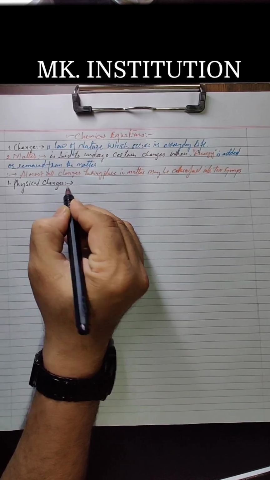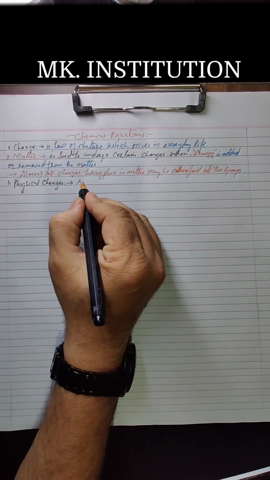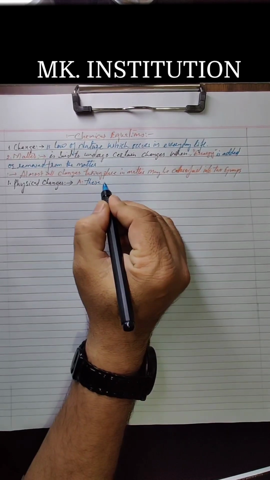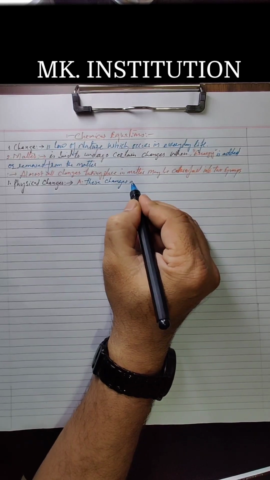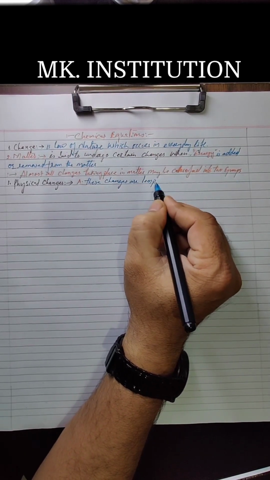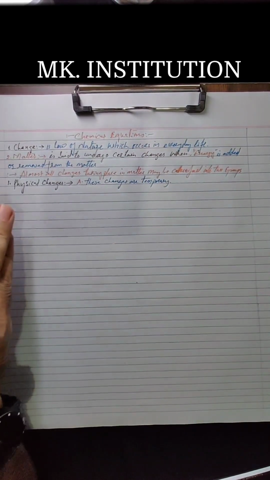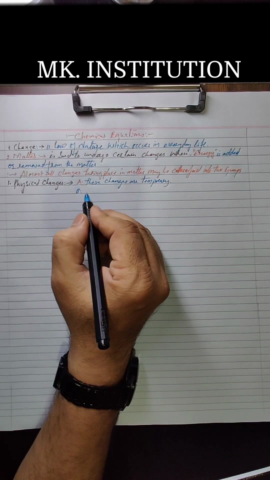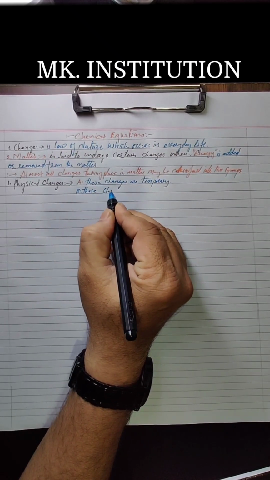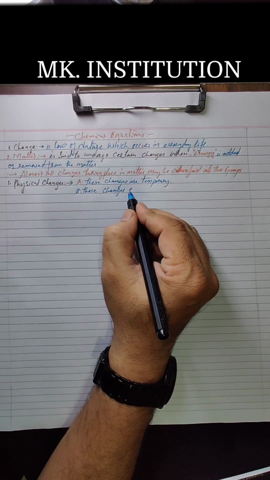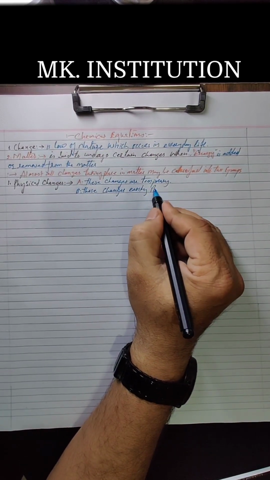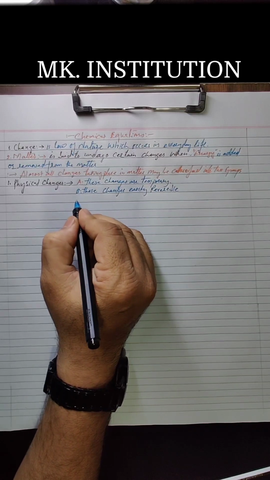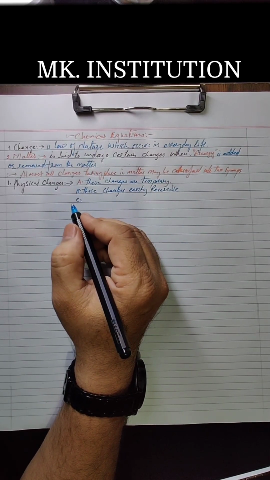Physical changes. In these physical changes, you can write certain points. First point: these changes are temporary. Clear? The second point you can write: these changes are easily reversible. Clear? And third point, here a new substance is not produced.